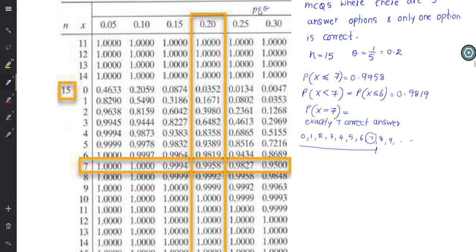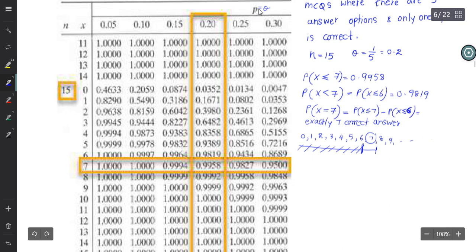But you want only exactly 7, so you have to get rid of this unwanted stuff, that means all the way from 0 up to 6. So you read the table up to 7 and then subtract the unnecessary probabilities. That will give you 7.